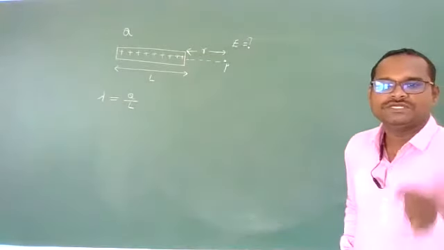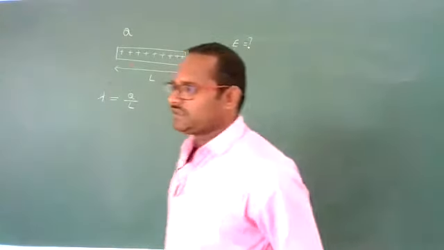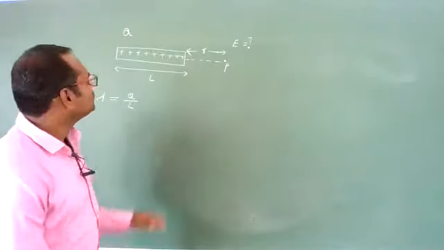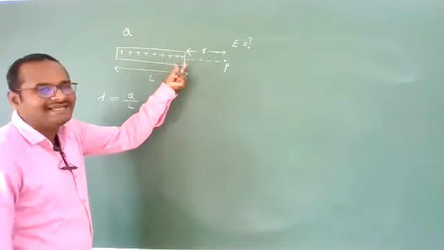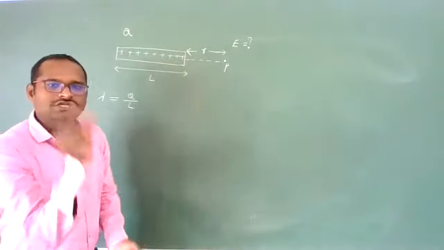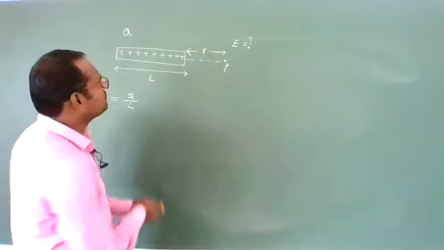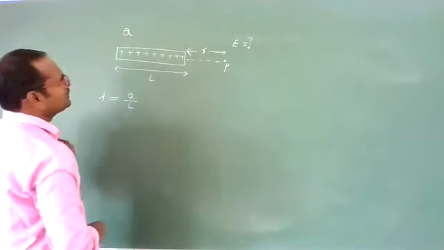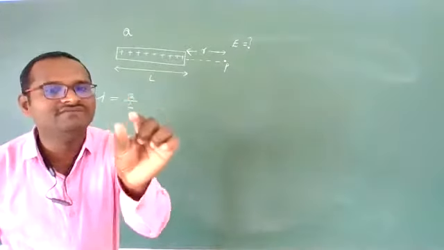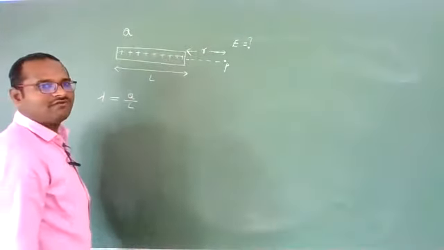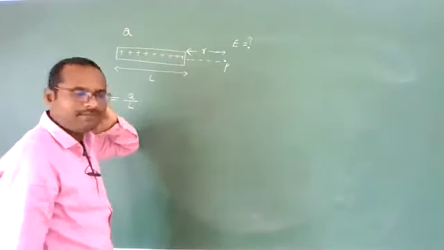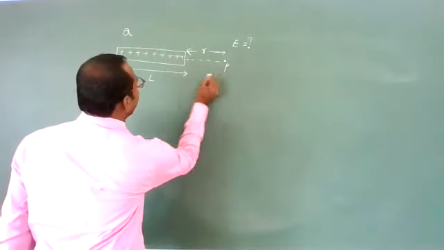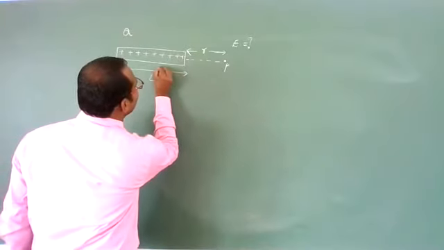How to find it? Simple technique. What we need to do is divide this rod of total length L into small elementary strips. Then you take any one of those strips at one particular position. From point P, I am going to a distance of x.